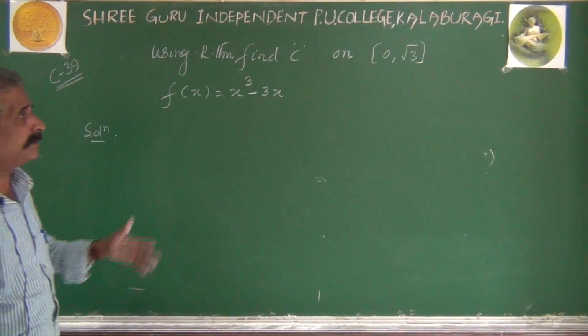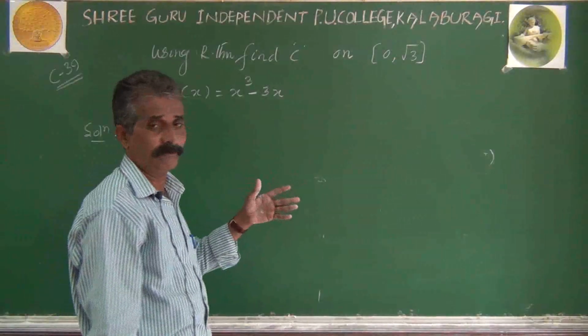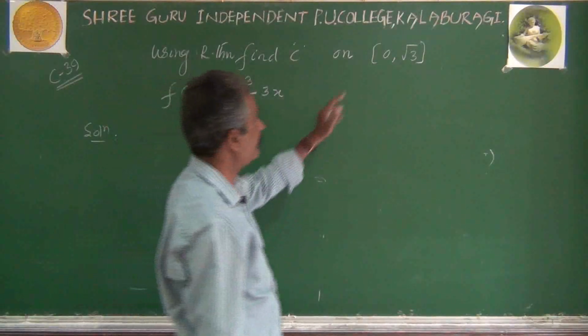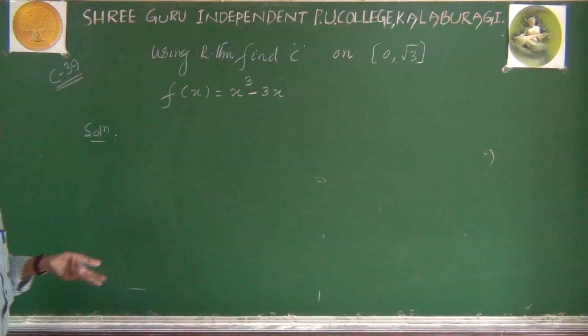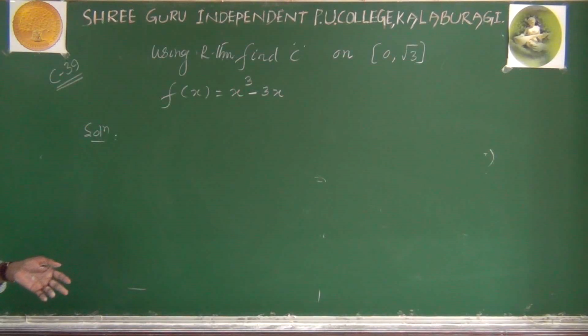He has given directly that we apply Rolle's theorem straight away. No need of verifying f of 0 and f of root 3, but even then, just as a procedure, we shall get those values.